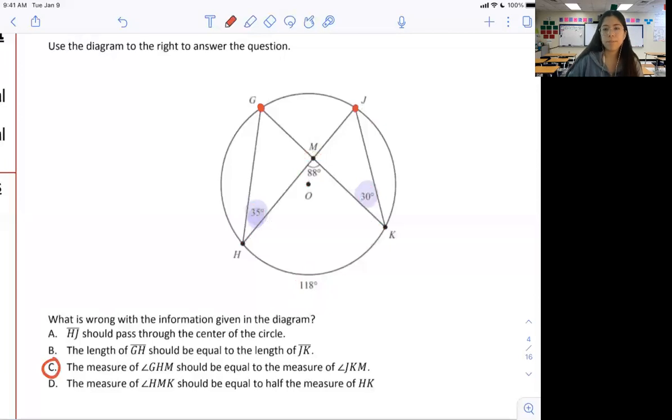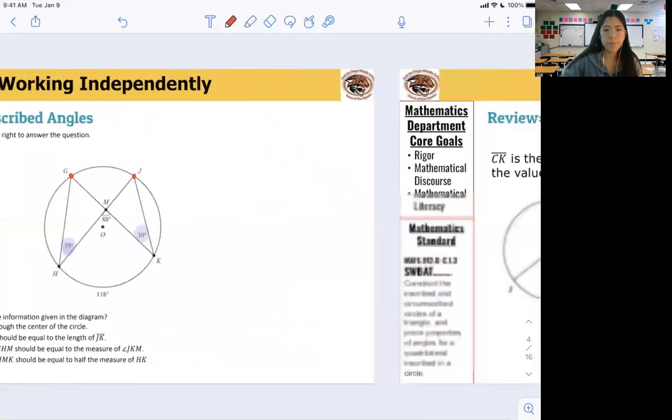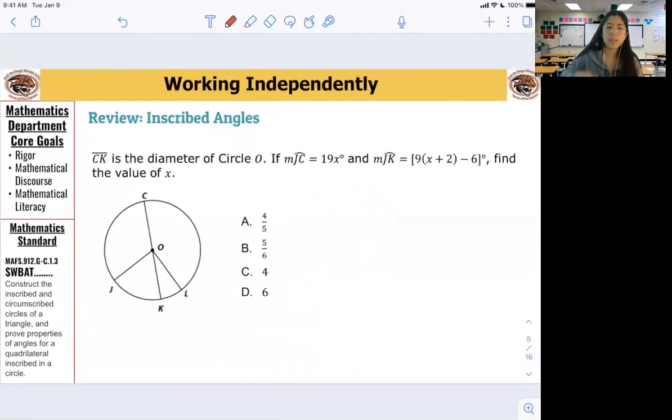Any questions on this one? Okay. I have one more. Can I have a volunteer read this one for me, please? Who can read?